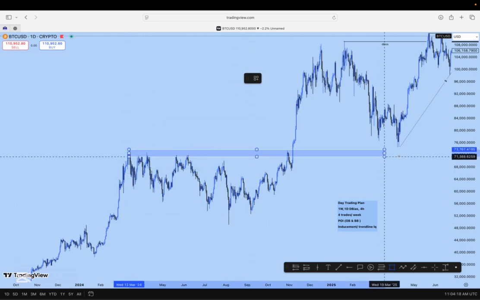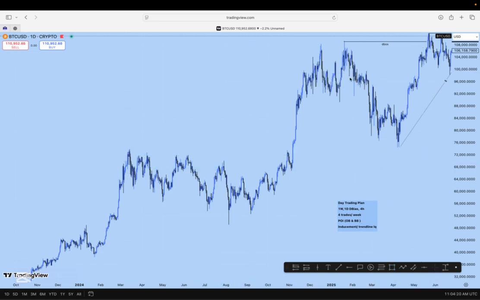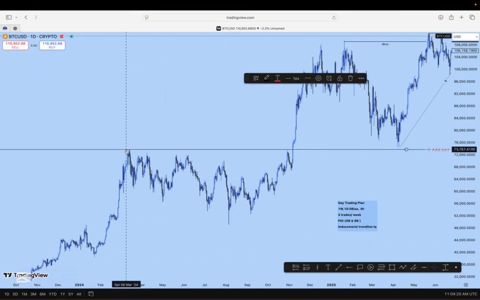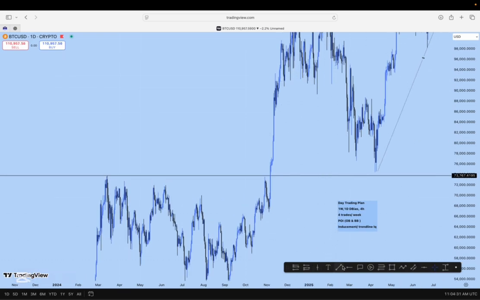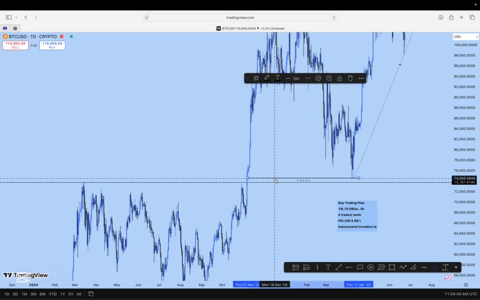This breaker block is left unmitigated. Let me use horizontal line so it becomes very clear. Yes, so we have an inducement to this area. We have an inducement which is more like even equal high liquidity, equal lows.